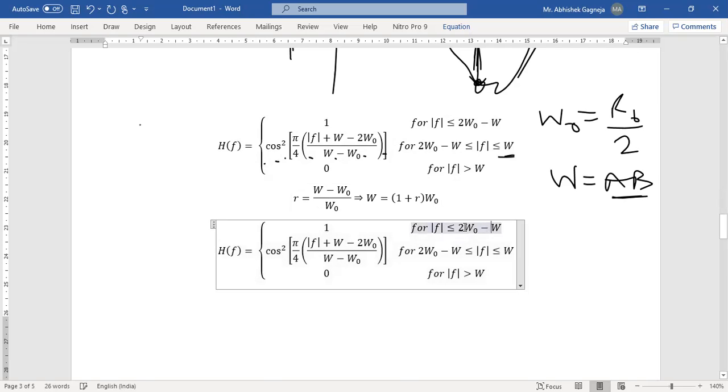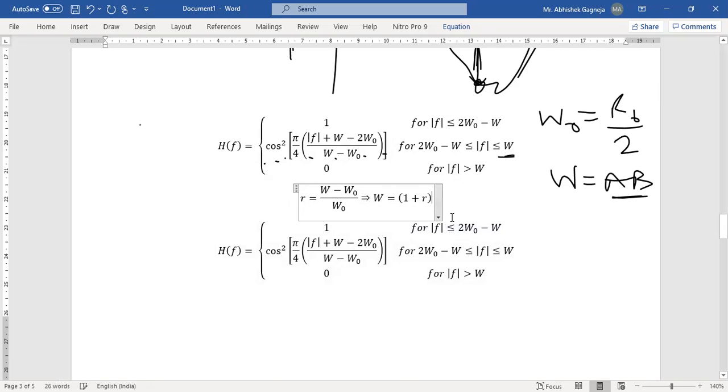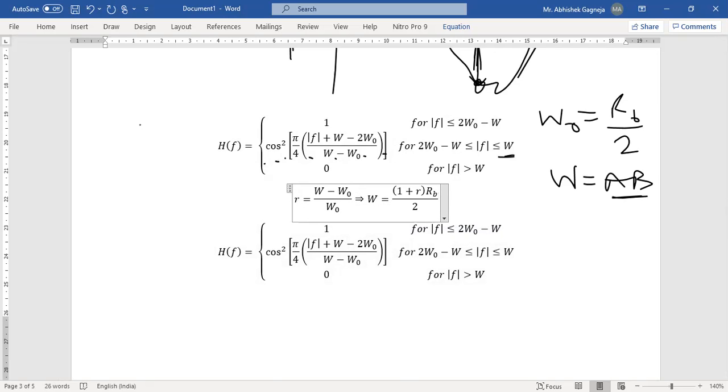So the very first thing that you need to do is change the limits. So 2W naught minus W. Put W is equal to 1 plus R into W naught here. What do you get? So what we will get is that one W naught will get cancelled, and you will be left with 1 minus R into W naught. So to remove the ambiguity of what W naught is, what we do is that we use RB by 2.